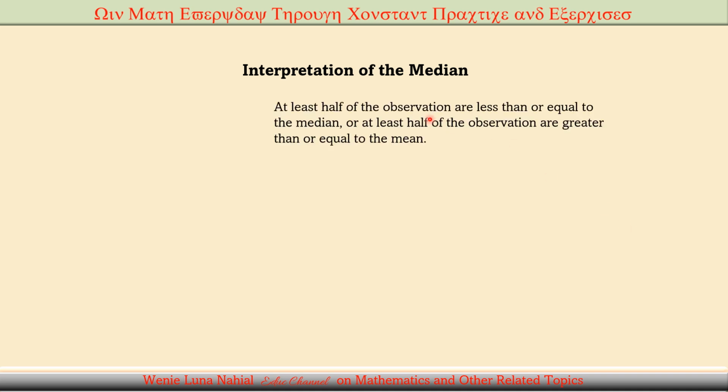At least half of the observations are less than or equal to the median. Now, we have here less than. This happens if the number of observations is even.